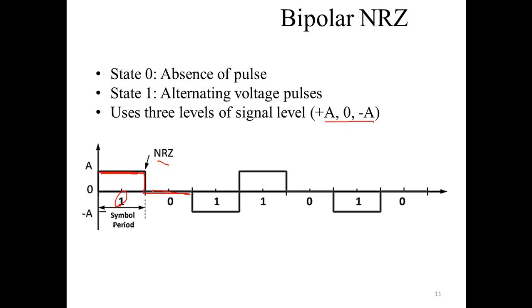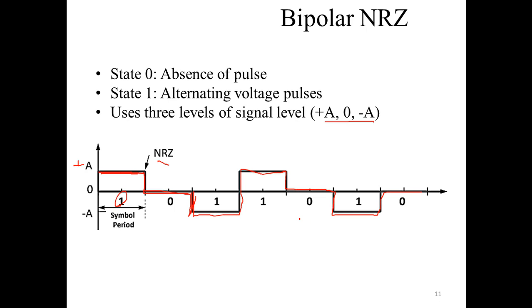But whenever there comes one again, it will go to the opposite A. First it was plus A, and at the second one it will go to minus A. Similarly, when the next one comes, it will go to plus A, and then 0, and then again when 1 comes, it will go to minus A, and this thing will go on.